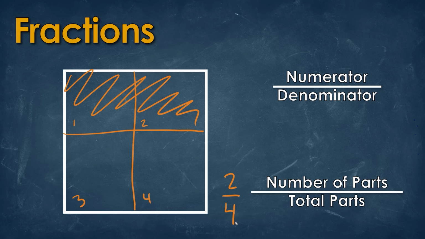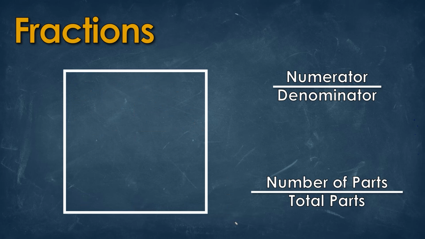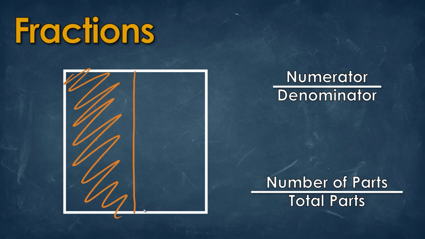That's the idea of a fraction. Let's take a look at it in a different way. Say we have it divided in half. We take a look at only one side of it. We've shaded one side. And how many parts are there in total? There's 2 parts, so 1/2.